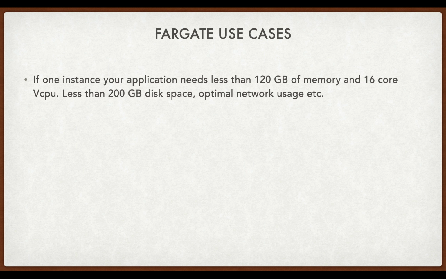These 120 gigs and 16 core virtual CPU limits are basically the hardware limits on Fargate at the time of recording this video, and I have been seeing that AWS keeps on increasing these limits, because I remember 4 years back it started with just 20 gigs of memory and two or maybe three virtual cores.